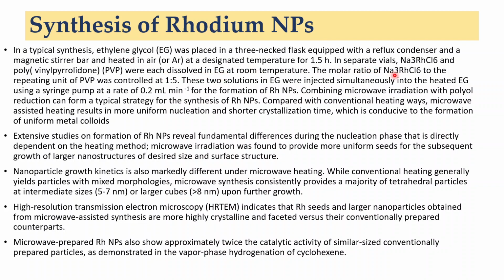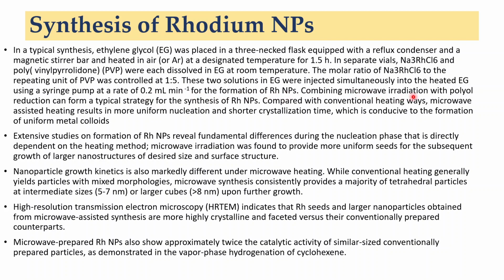The molar ratio of Na3RhCl6 to the repeating unit of PVP was controlled at 1 to 5, and the two solutions in EG were injected simultaneously into the heated EG using a syringe pump at the rate of 0.2 milliliter per minute for the formation of rhodium nanoparticles.